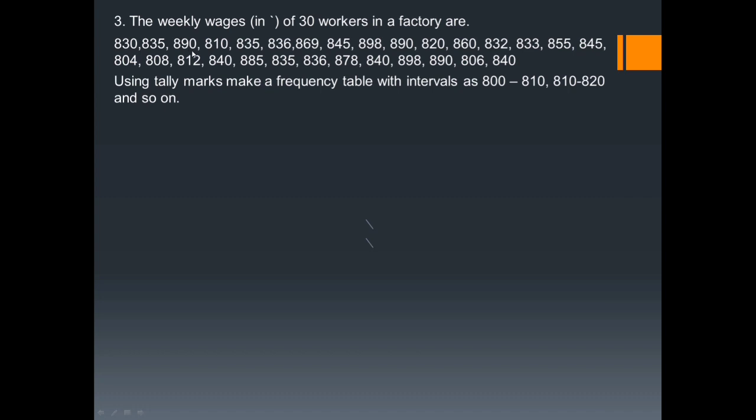Different people have got different wages in a week or in a day maybe. Here we have to categorize again into the frequency table like we have done in question number 2, more completely and perfectly. Let's see the answer.